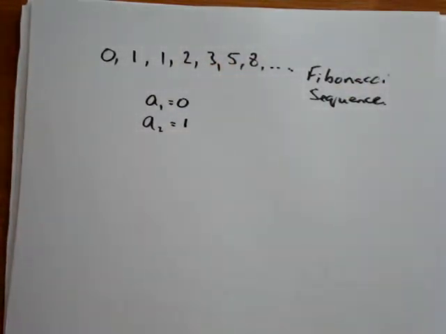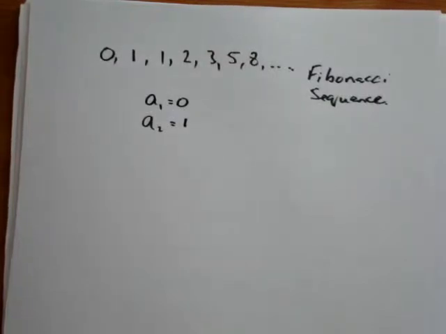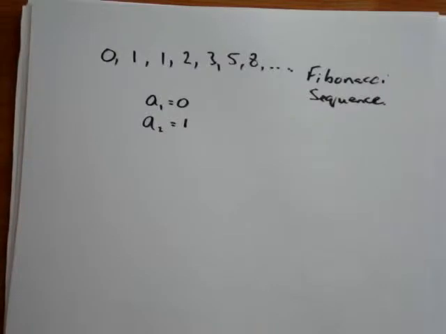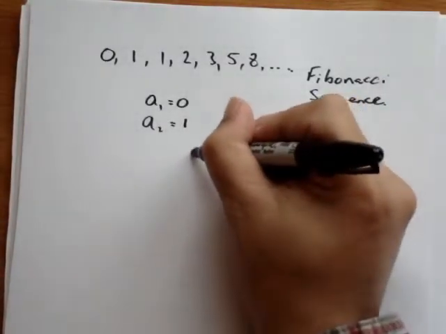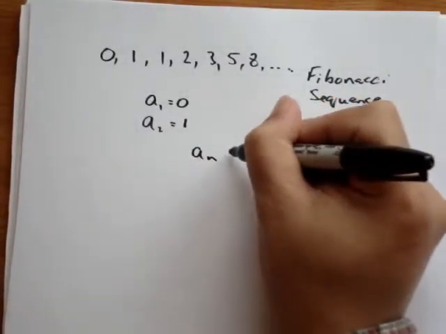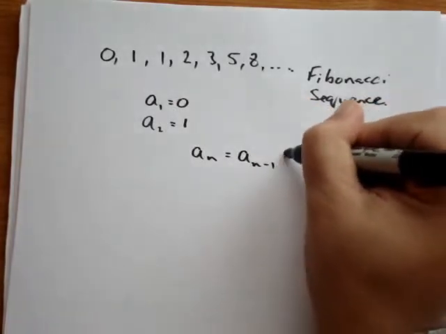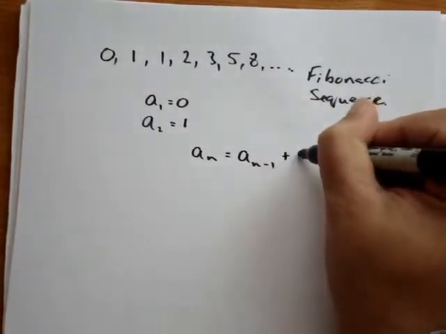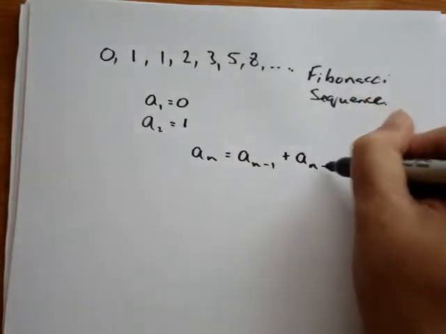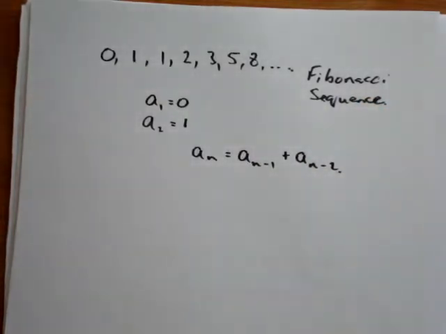So we need to know the first two terms, and then a sub n equals the previous term, a sub n minus 1, plus the term before that, which is a sub n minus 2.